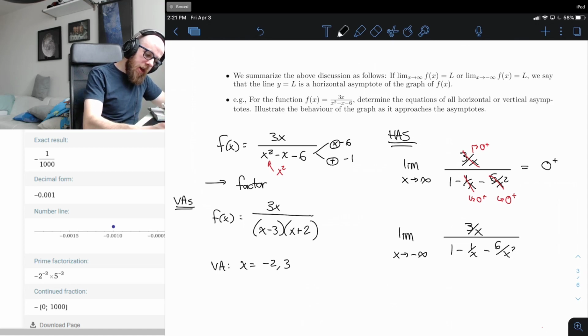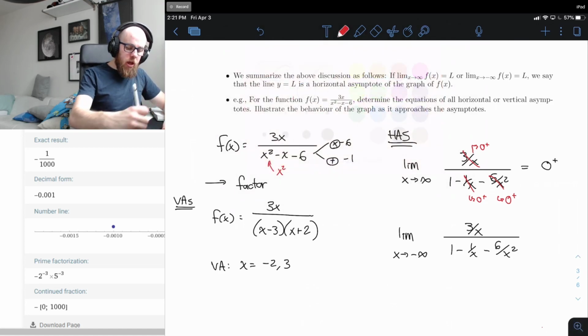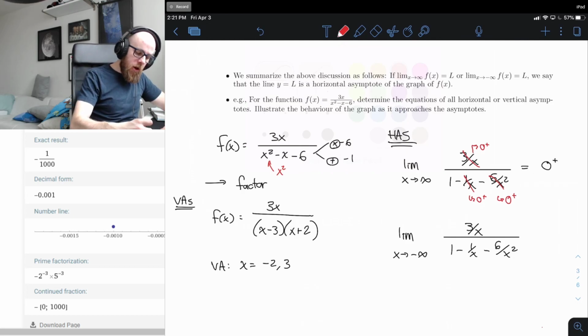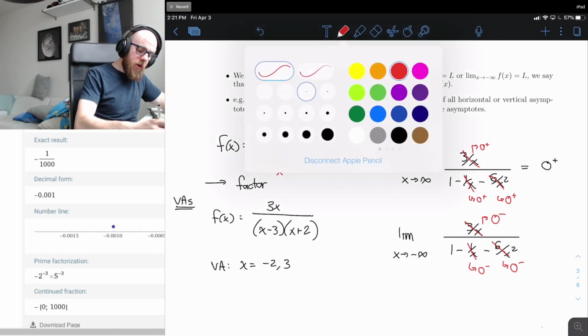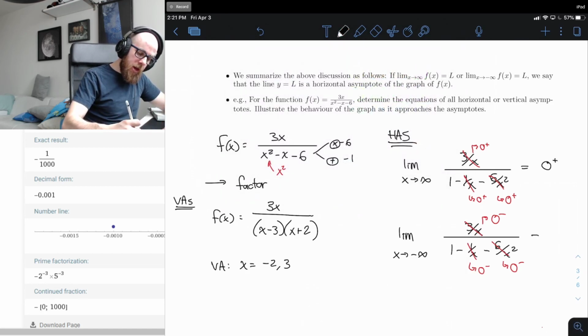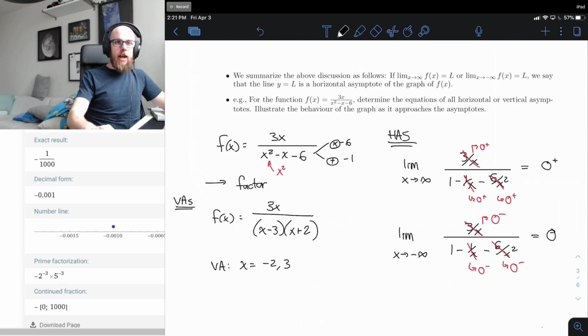When I plug in a really, really big negative number, 3 over a really big negative number is basically 0, but still a little bit negative. 1 over x is again 0, but a bit negative, and likewise the last term. So I have something very close to 0 but slightly negative over basically 1, and this whole thing approaches 0 from the negative side.